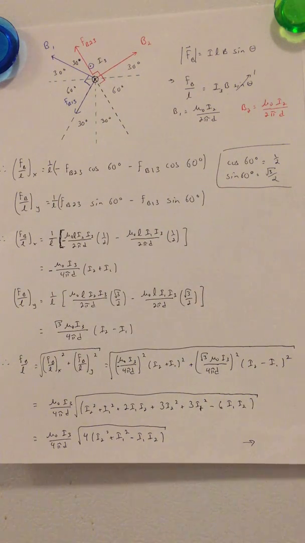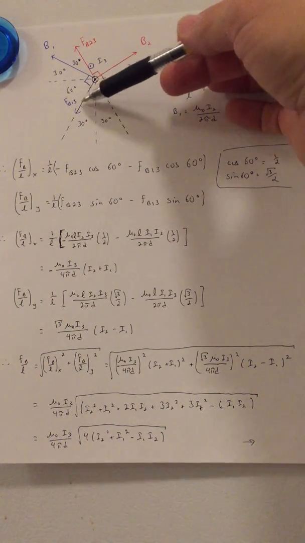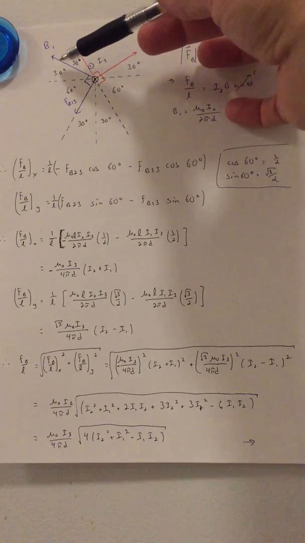Now, what I've done is I've placed on the diagram the forces acting on I3 due to the magnetic fields. And so I've tried to keep these color-coded. This is the force acting on I3 due to B1.